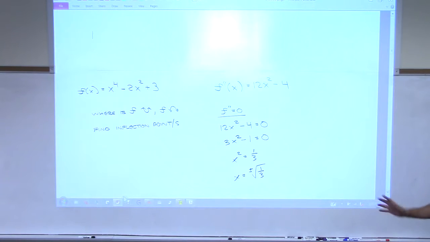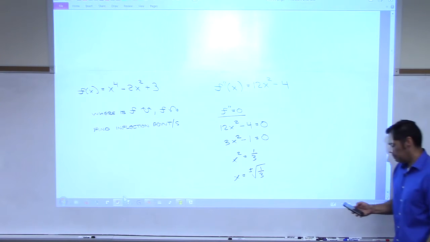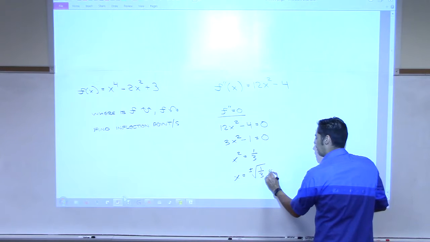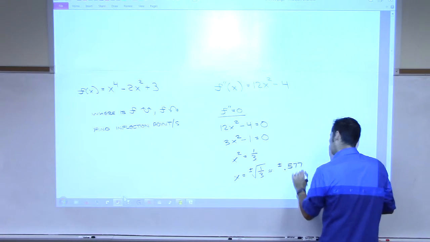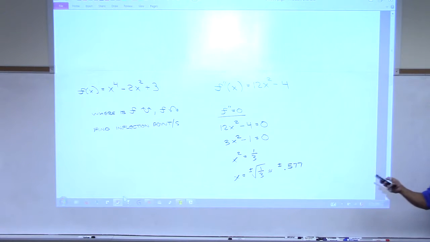And just so I have an idea of where those are, let's go ahead and do that on our calculator. So do 1/3, take the square root. Approximately plus or minus 0.577. Anyone else get that? All right, so those are two critical numbers.